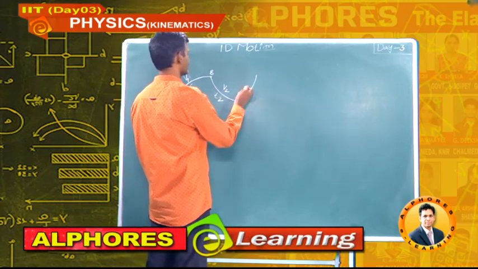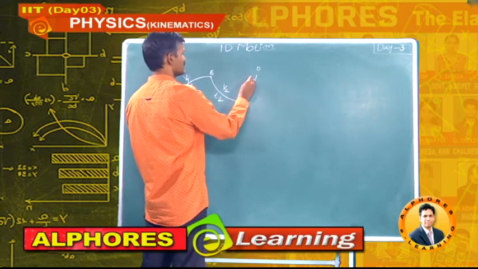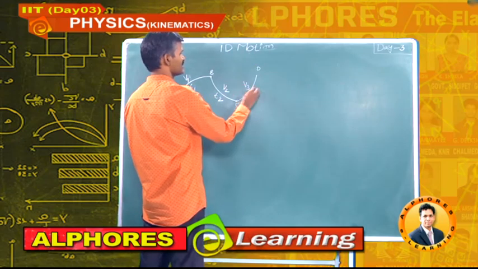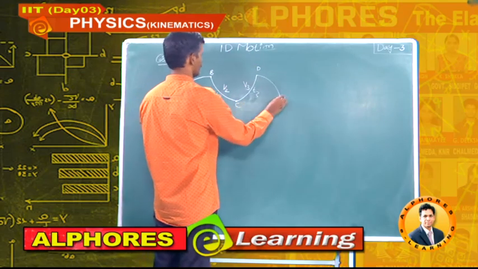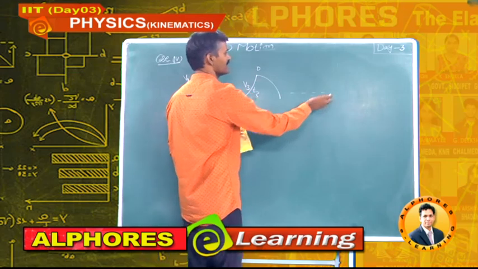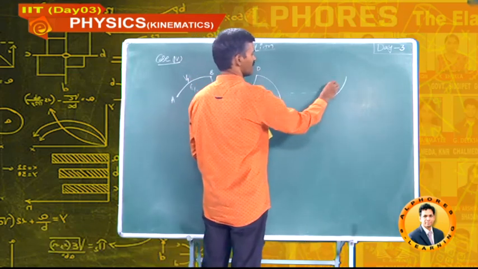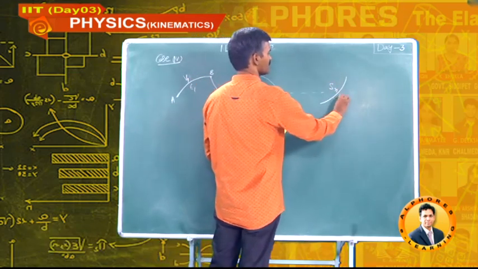Similarly, it travels from C to D with the speed v3 in time interval t3, and so on. It continued its journey. Its last journey is some Sn in time Tn.